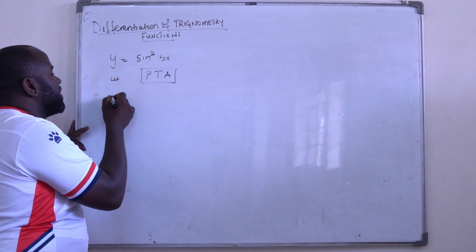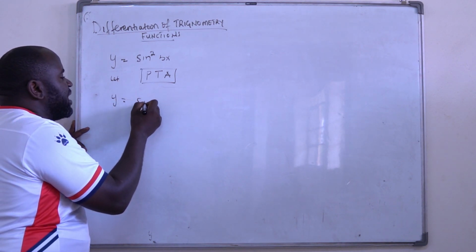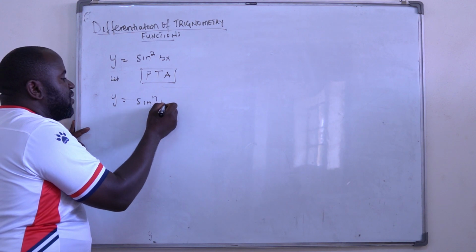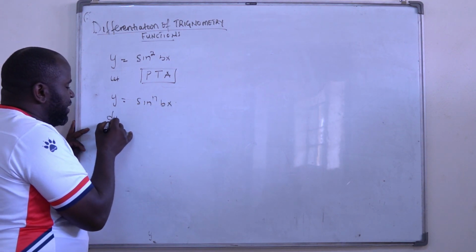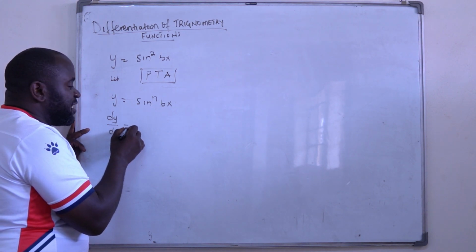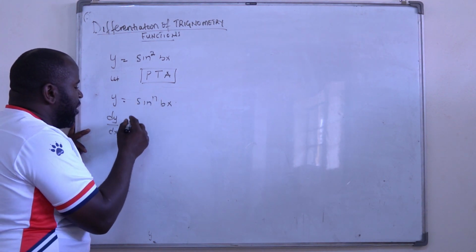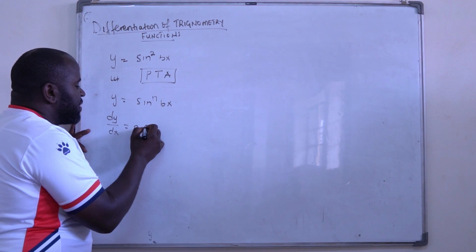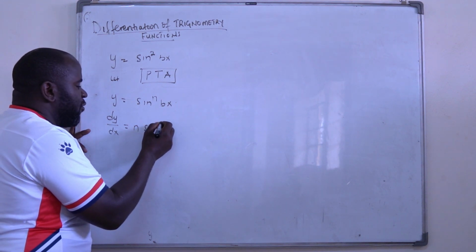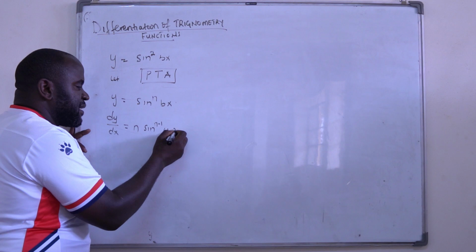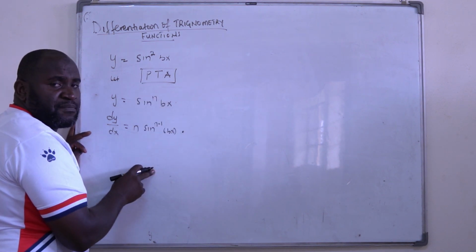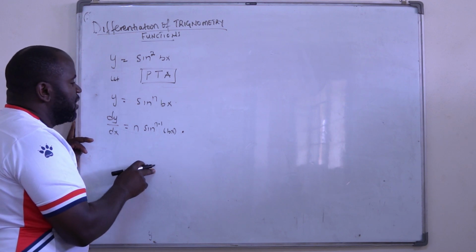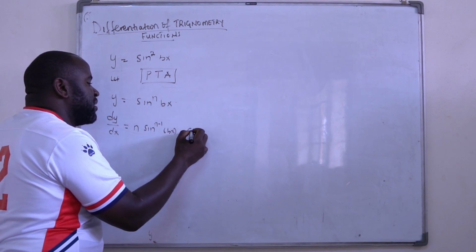So if this power was any other power, for example sine to the power n of bx, if I want to get dy dx, I need to first differentiate the power, which is n, sine, the power reduces by 1, keeping that angle the same, times the derivative of the trig function. The T stands for the trig function. When you differentiate sine, you get what?